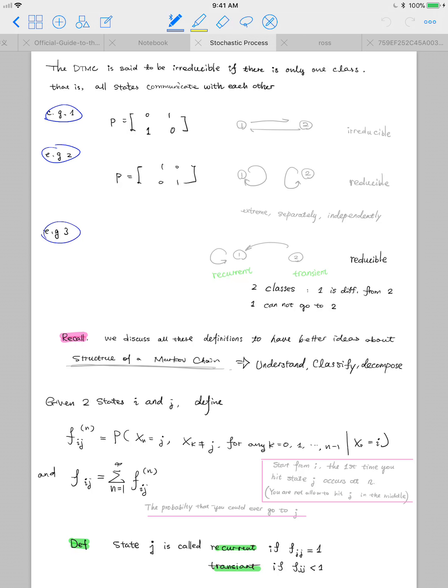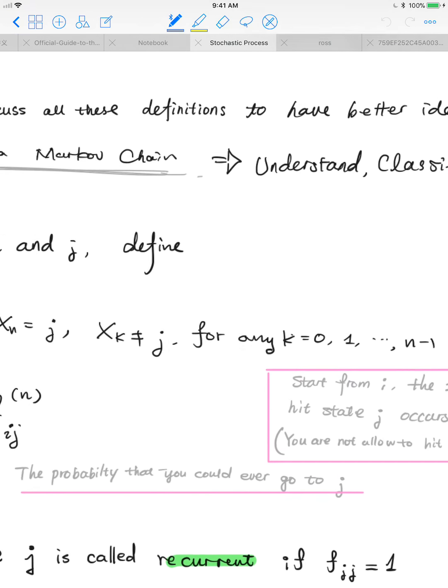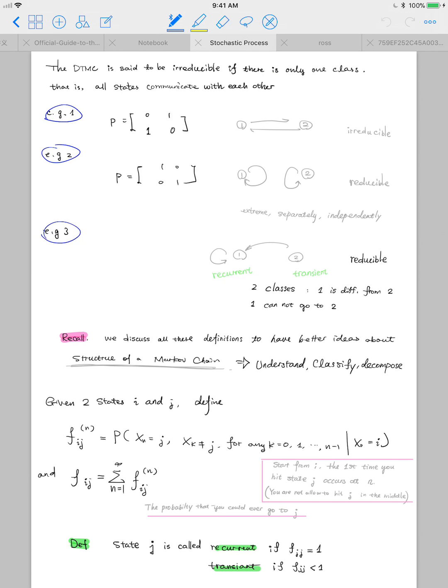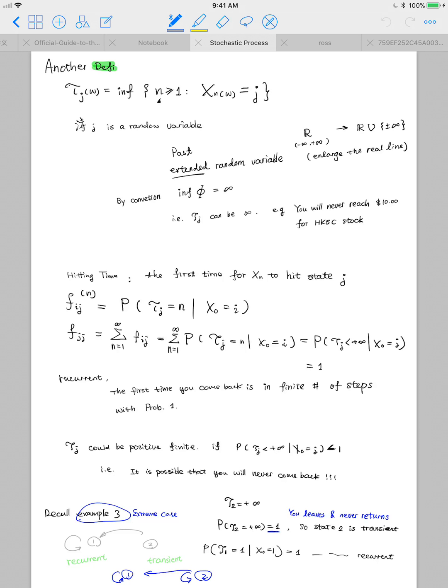What is fjj? Fjj is the probability that you could ever go to state J starting from state J. So fjj equals 1 means that you will always come back to where you start from. So it's easy to understand literally.